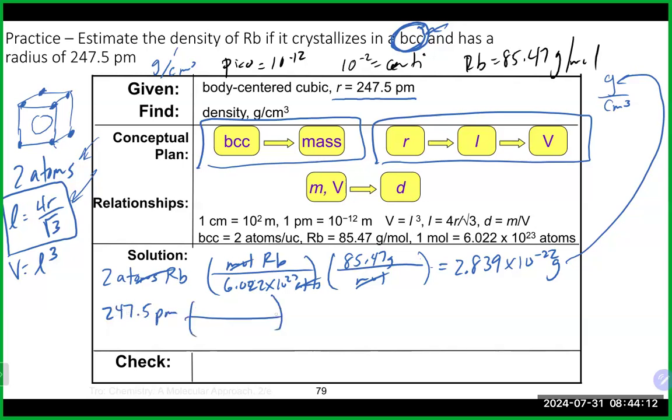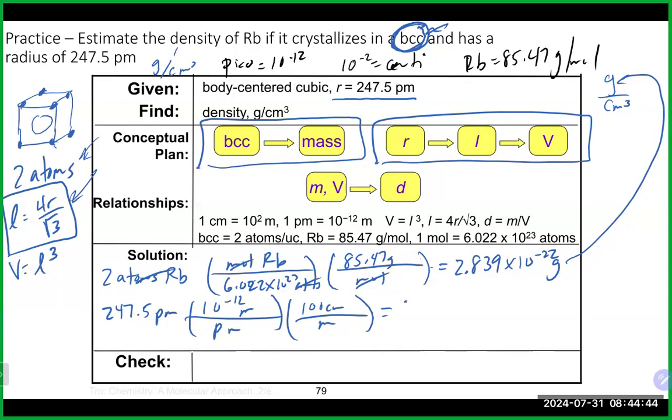We will use our 10 to the minus 12 meters as a picometer, and 100 centimeters is a meter, or again, 10 to the minus 2 meters is a centimeter, whichever way you want to do it is fine. 247.5 times 10 to the minus 12 times 100 in my case, going to give me a lot of zeros, too many to count. Try that, there you go.